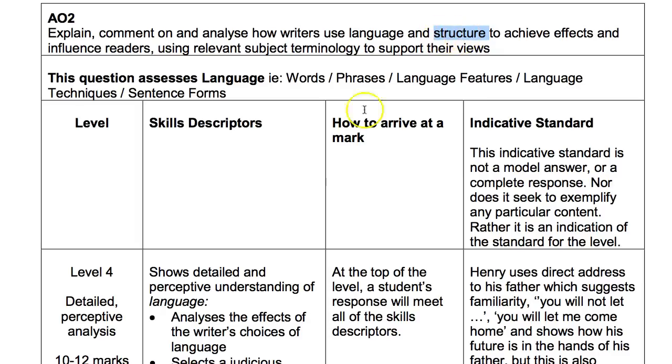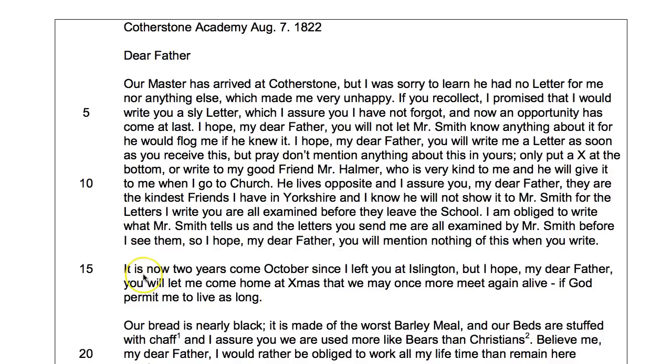Let's have a quick look and see if we can. Okay, if you're looking at structure, the obvious places to look are at beginnings and endings. That's when the writer thinks hardest about structure, and it's also where you can most quickly see what they're up to. So here Henry calls his father dear father, and we can see that he's using a term of endearment there, but here with father he's trying to convey his respect for his father.